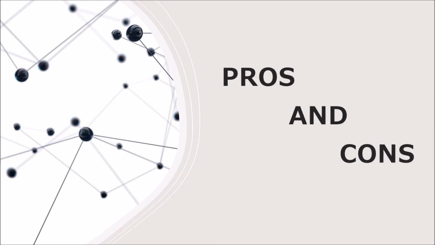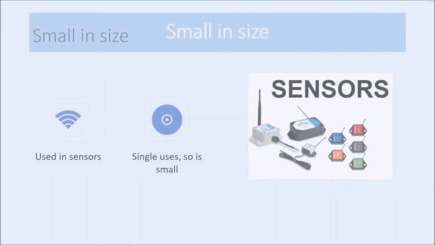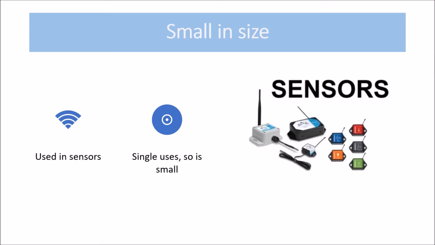Pros and cons of TinyOS. Pros: TinyOS is small because it is only single use, and small in size and storage needed because it is used in sensors, and sensors are usually small.